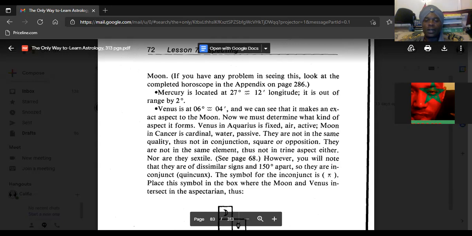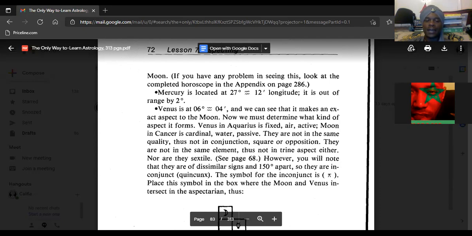Now we must determine what kind of aspect it forms. Venus in Aquarius is fixed, air, and active. Moon in Cancer is cardinal, water, passive. They are not in the same quality, thus not in conjunction, square, or opposition.